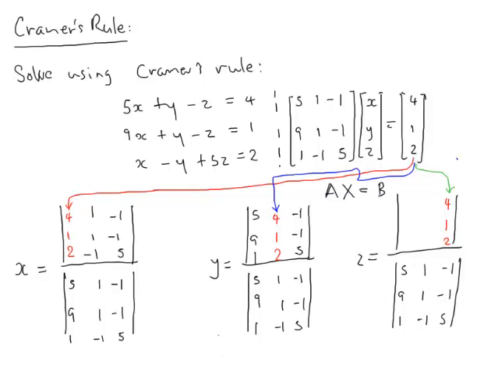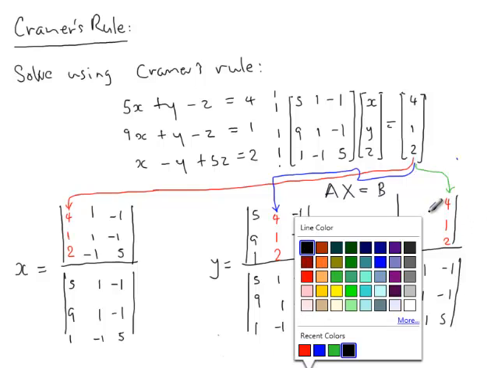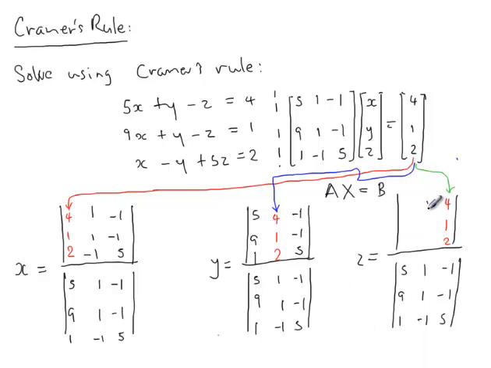Then the rest does not change. It's going to be 1, 1, minus 1, 5, 9, 1. We are done. I mean, as far as Cramer's rule, we are done.